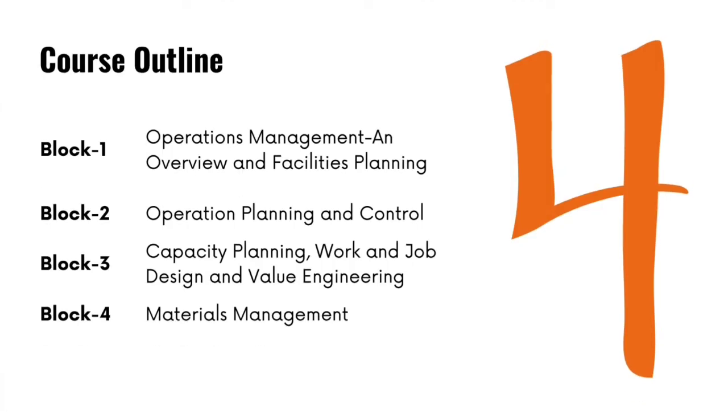To give you a brief outline of what is in MMPC 9, we know that there are four blocks. The first block, as usual, is an overview, which gives you an overall introduction into the various aspects of materials and machine management: what operations management is, what facilities planning is, how you plan your factory layout, facility layout, how you select the place for it, and various other things.